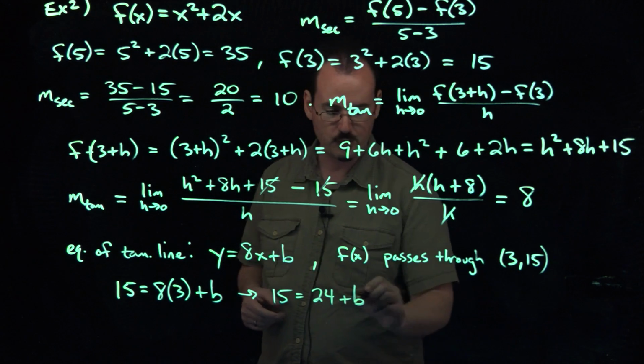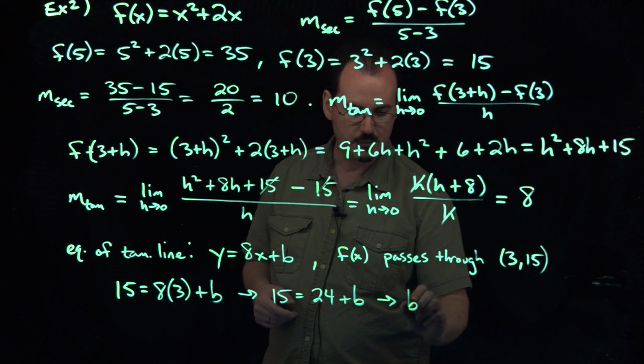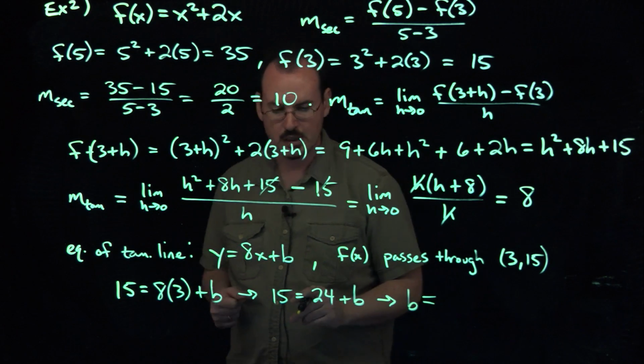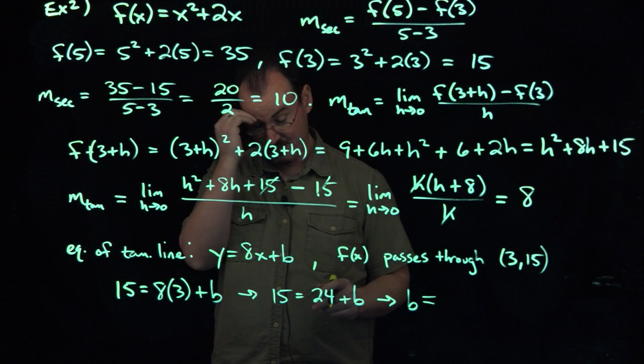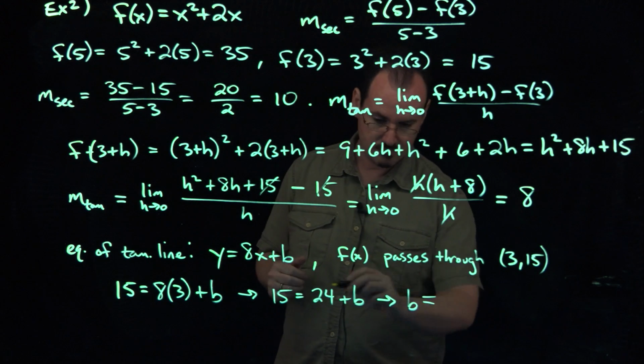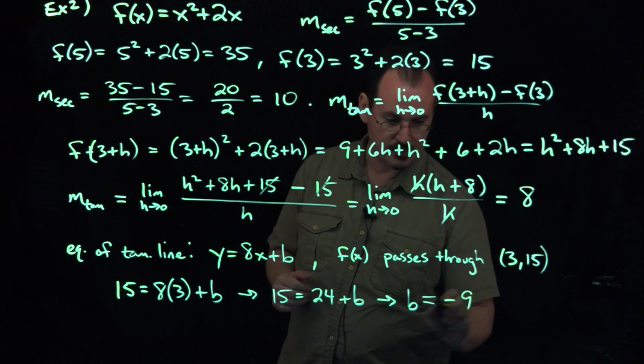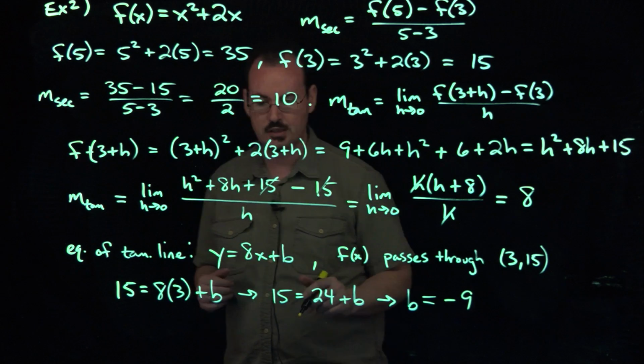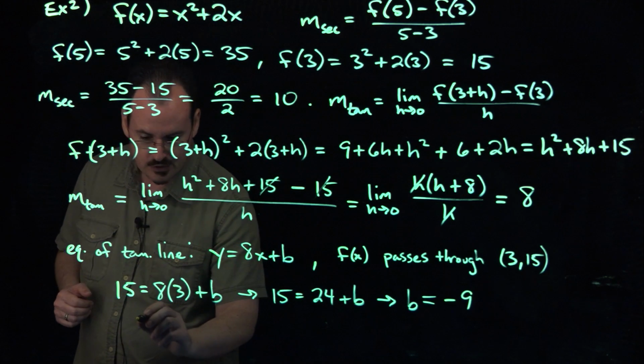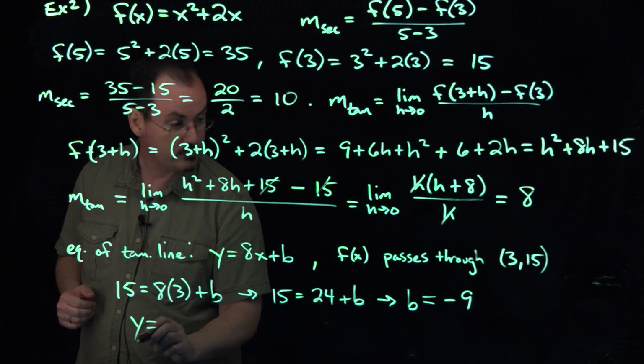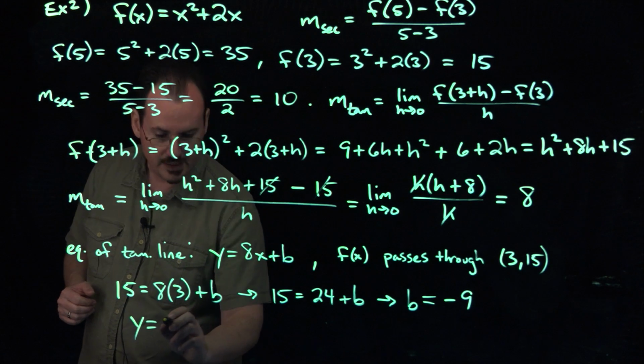If I subtract 24 from both sides, I get b is equal to 15 minus 24, which is minus 9. That is our y-intercept for this tangent line.